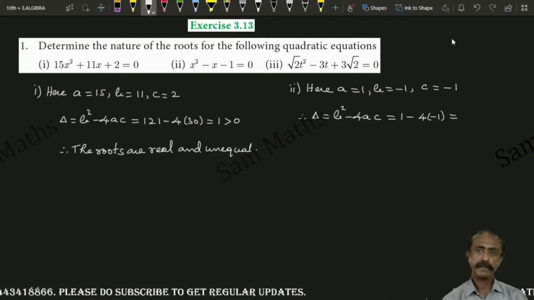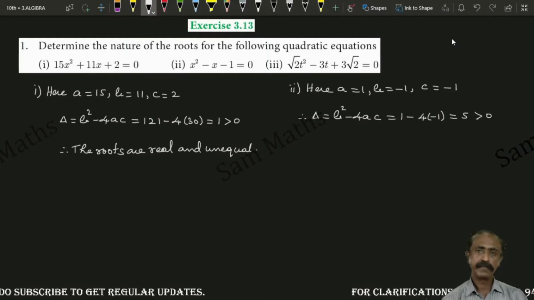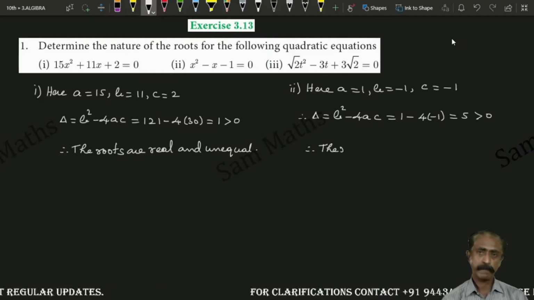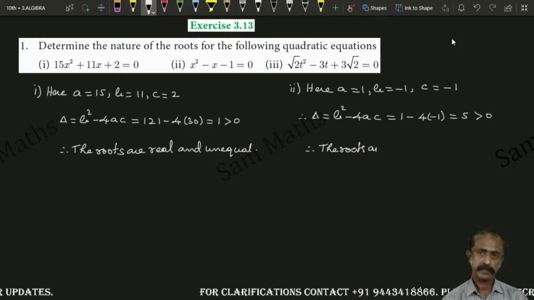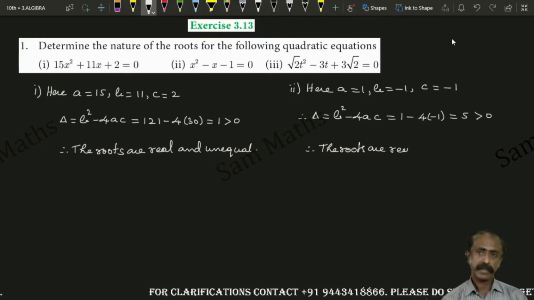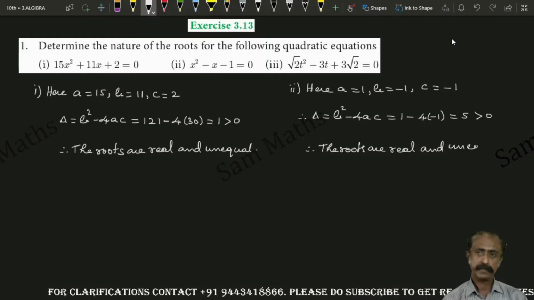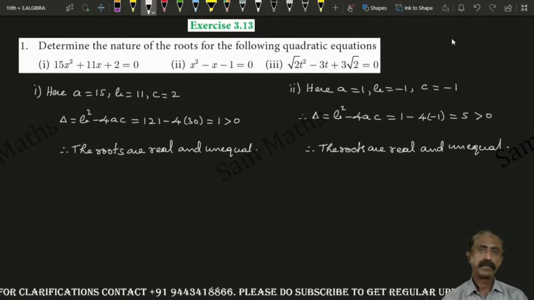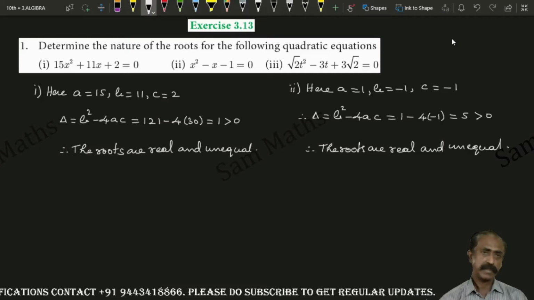So, we are getting 1 plus 4, that is 5, which is greater than 0. Therefore, we can conclude the roots are real and unequal. Now we can move to the third subdivision.